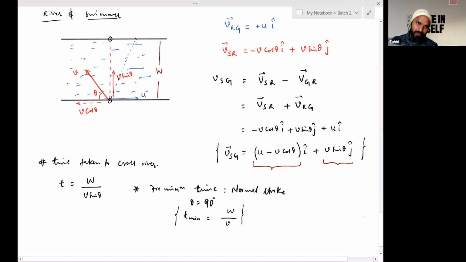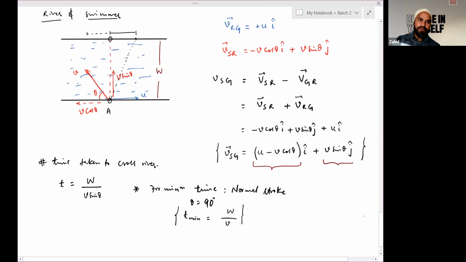to reach at this point. So net amount of shift from actual path would be this term. Suppose u is smaller than v cos theta, so drift would be till this point.